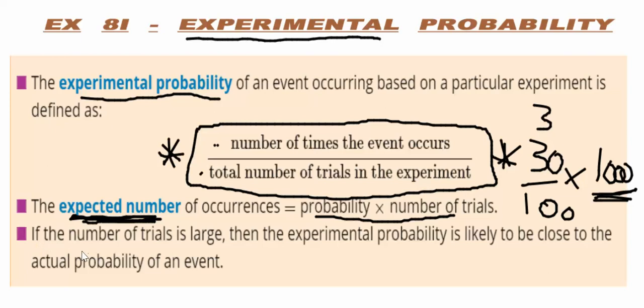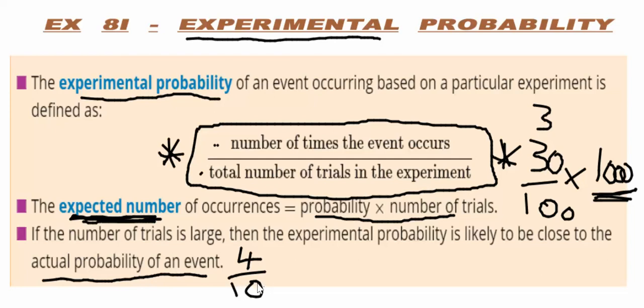If the number of trials is large, then experimental probability is likely to be close to the actual probability of the event. So the more trials we run, the more likely we are to get close to the actual probability. If we're after this number 3 when we roll a die, we may roll the die 10 times and 3 may come up 4 out of those 10, for instance.